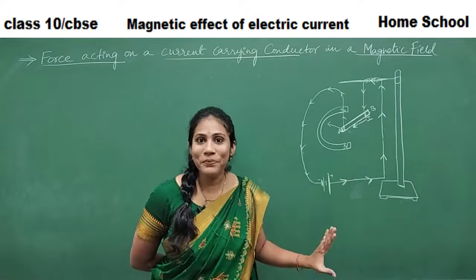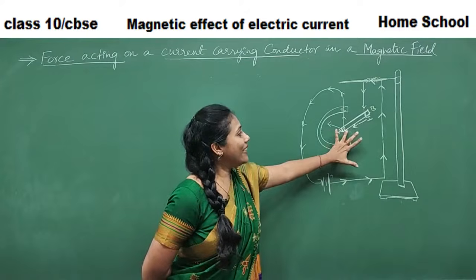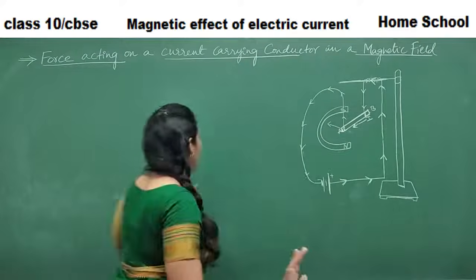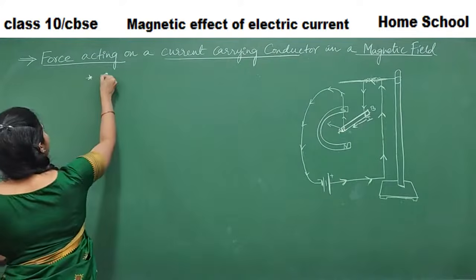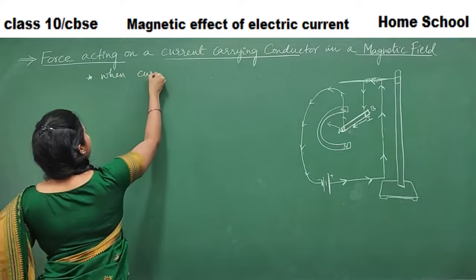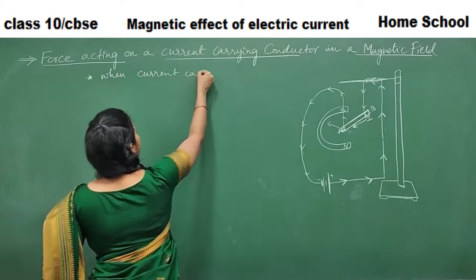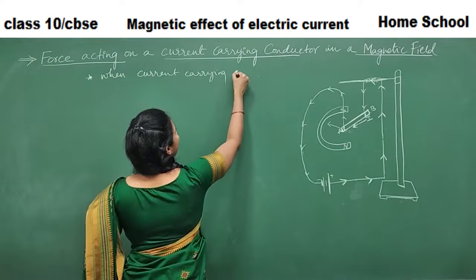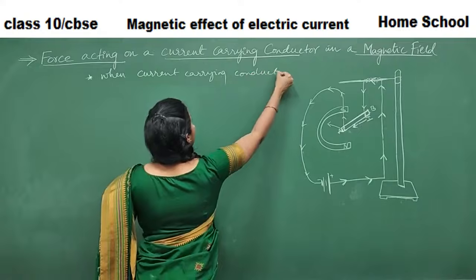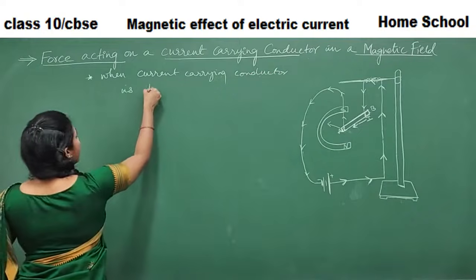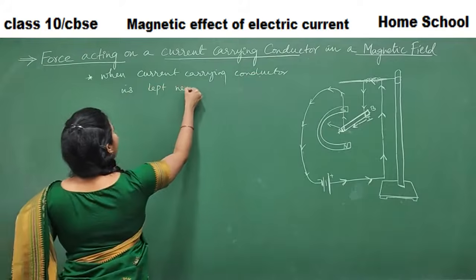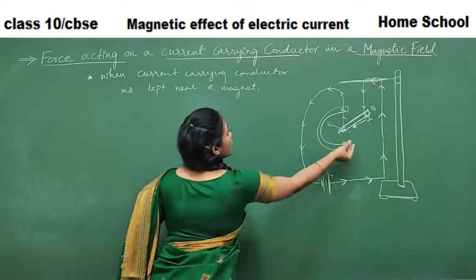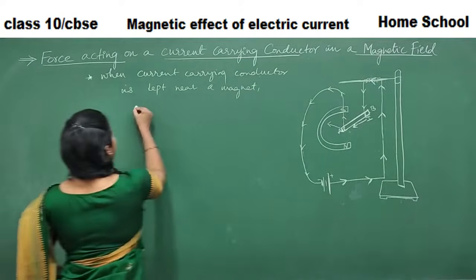Understood the experiment? Let us write the point. When a current carrying conductor, here this aluminium rod, is kept near a magnet, so it is kept near a horseshoe magnet here, what happens?